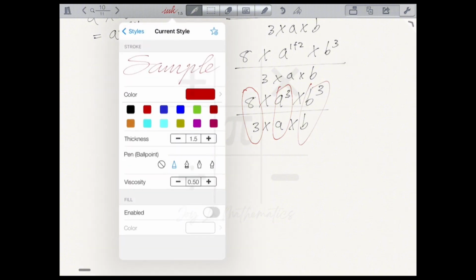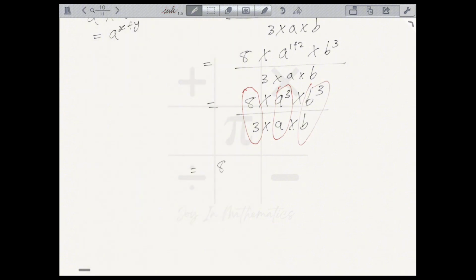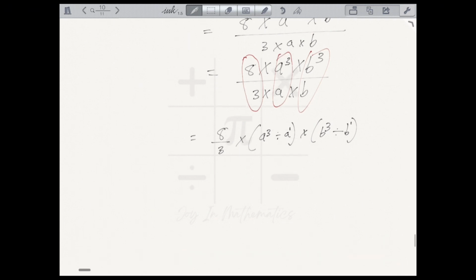Therefore, we can write it now to give us 8 divided by 3 multiplied by a raised to power 3 divided by a multiplied by b raised to power 3 divided by b raised to power 1. Okay, therefore we now apply the subtraction law here, and likewise we apply it here.